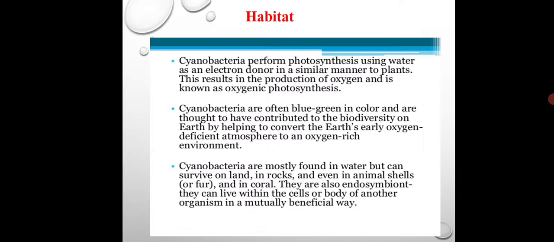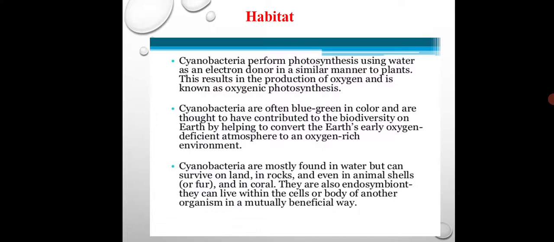They are also endosymbionts and can live within the cells or body of other organisms in a mutually beneficial way. Endosymbiont means they can live in a part of another organism, in a symbiotic association, where the bacteria is benefited and the organism in which it lives is also benefited.